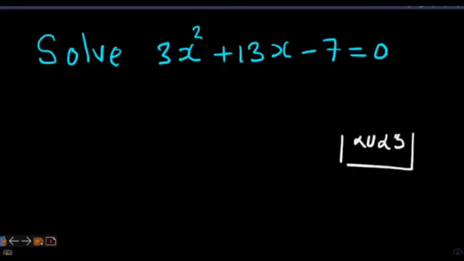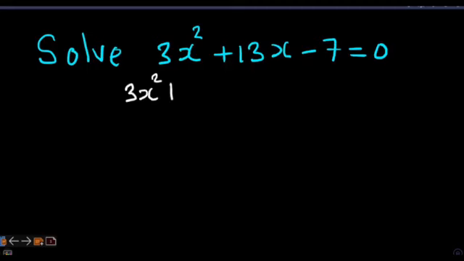quadratic formula. I'm sure by now we know that once we are presented with a quadratic question, it normally gives us two possible values of what? Of x. So first our question is 3x squared plus 13x minus 7 equal to 0.